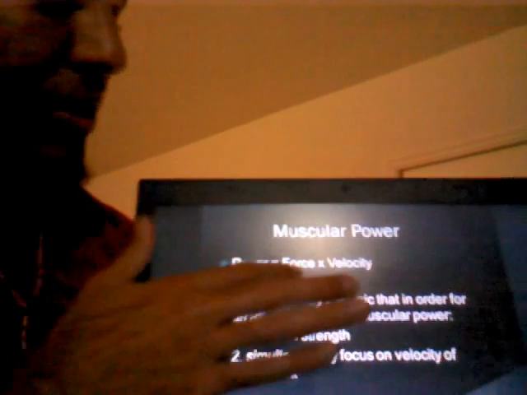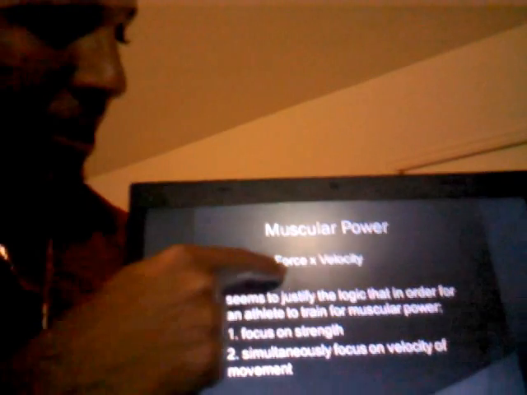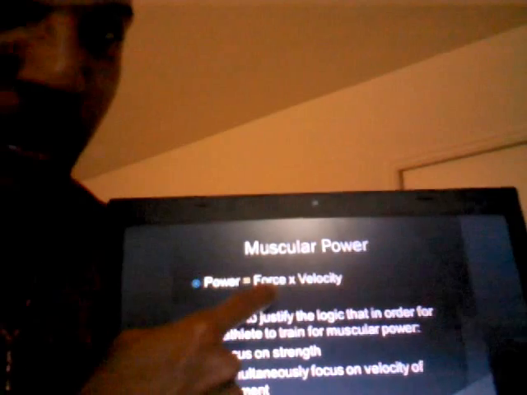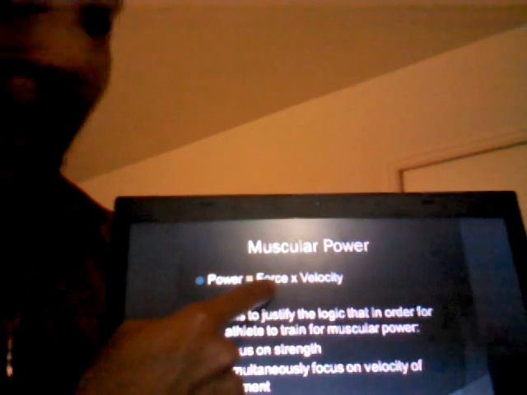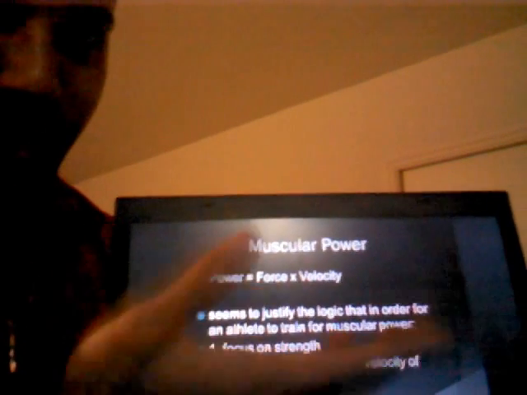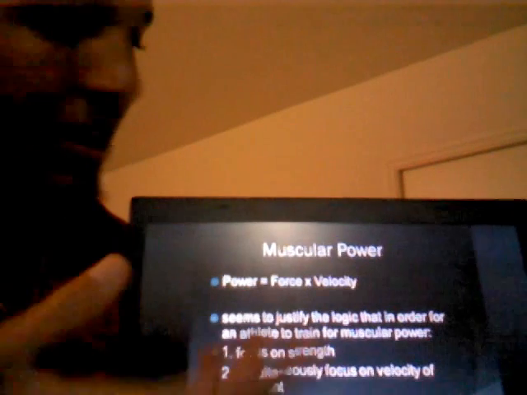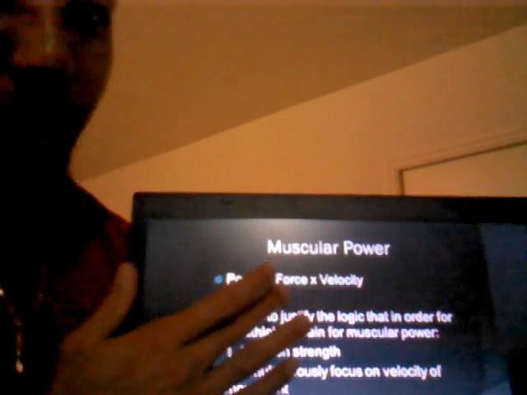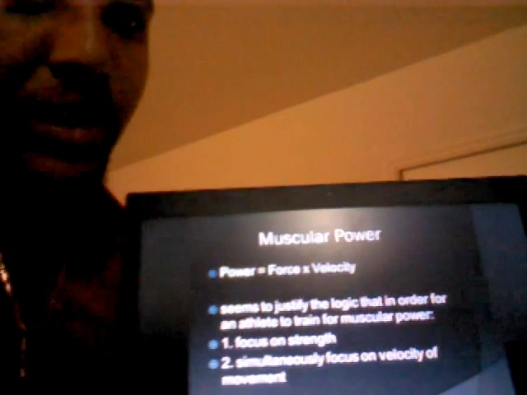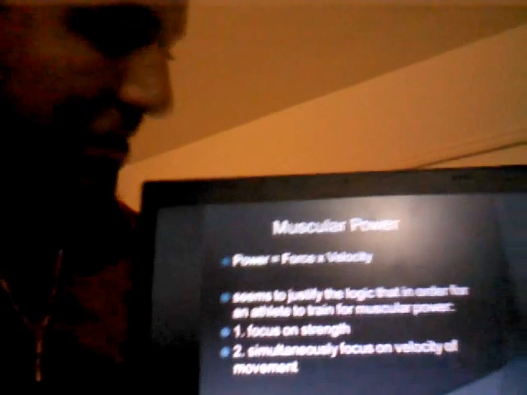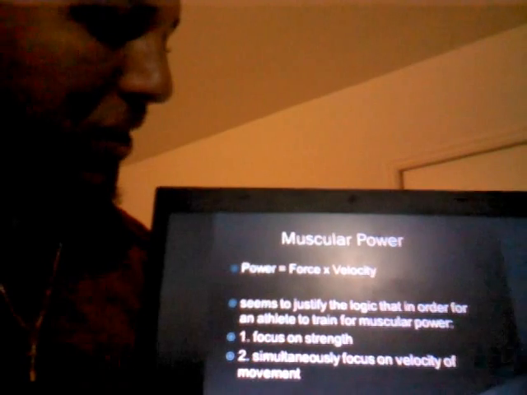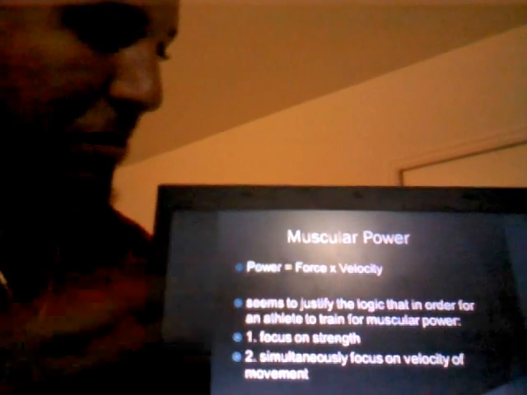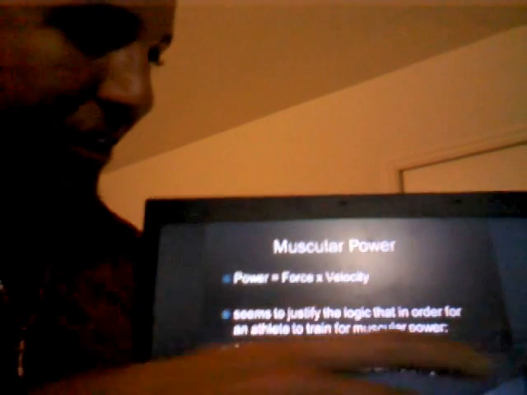And so with this formula, a lot of times what strength and conditioning coaches do is they take the force part of the formula and translate that to strength. The person's strength or ability to move mass would describe force, and then velocity is simply as it is described, a person's ability to move from point A to point B quickly.